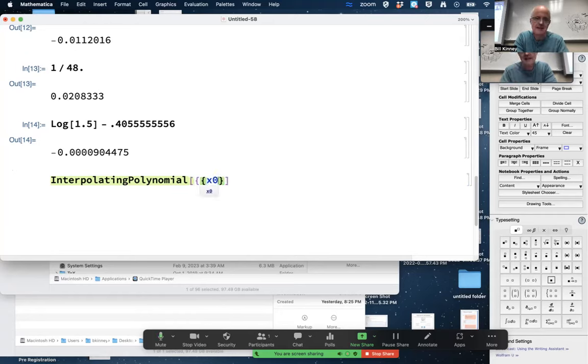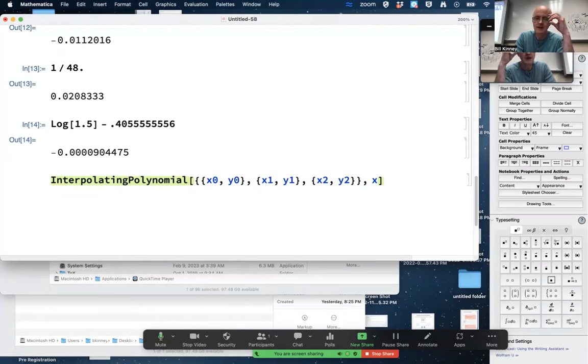First node being x0. Function value, let's call it y0 for simplicity. That's f of x0. Second node, x1, call the y value y1. Third node, x2, call the y value y2.